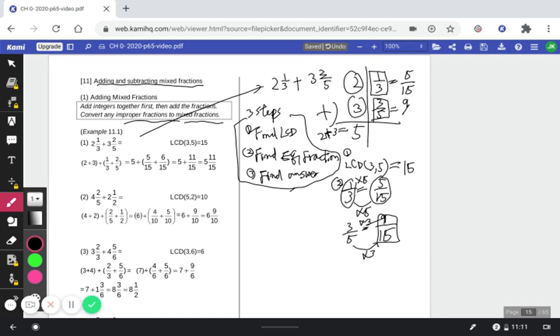So when you add them, you get 5 plus 9 over 15. What is 5 plus 9?